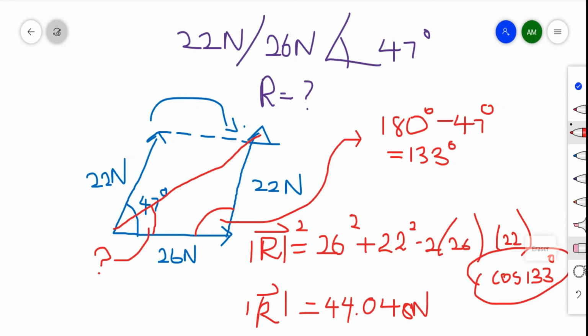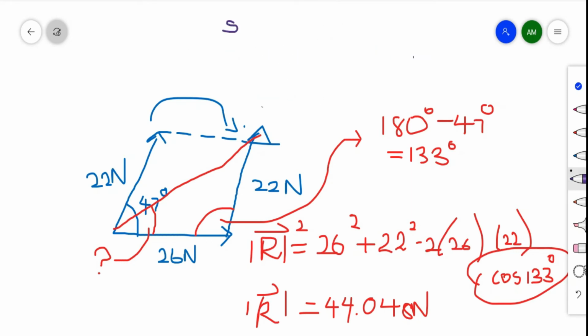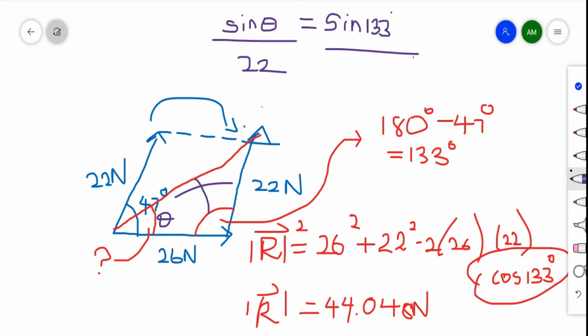So to find the angle, we should apply the sine law. Let me clear some space for that. So as per the sine law, sine theta over the opposite side 22 equals the sine of 133 over its opposite side 44.048 Newton. To find this solution too, you need to use a logarithm table.